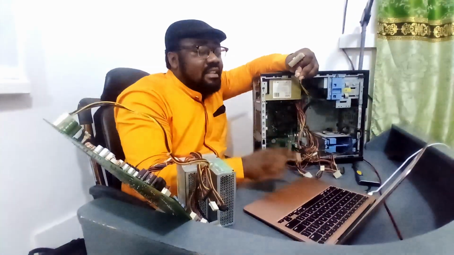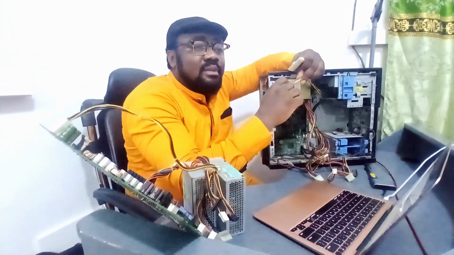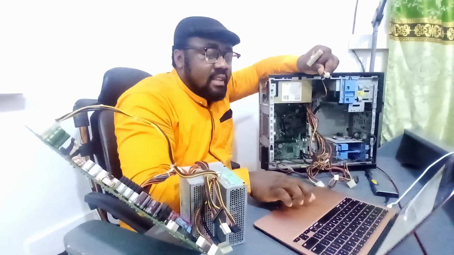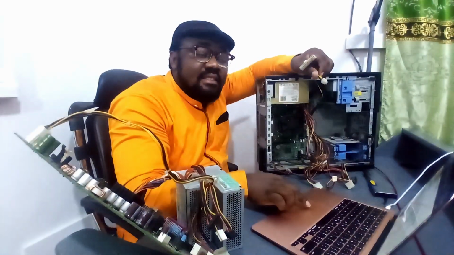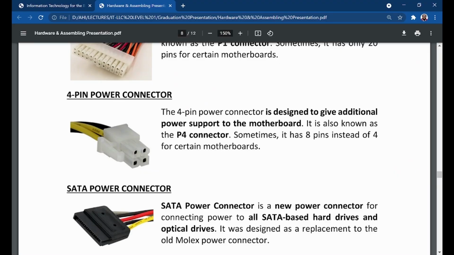So when we say the P4 connector, we are talking about the 4-pin power connector. Sometimes, some machines have 8 pins instead of 4. Some motherboards have 8 pins instead of 4.